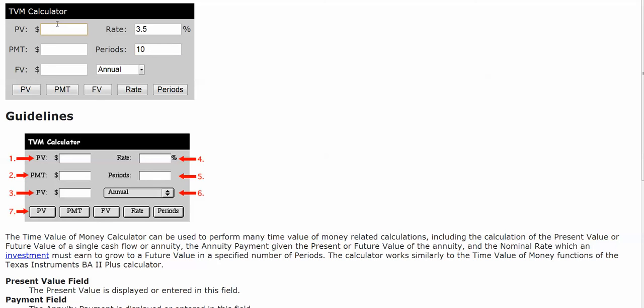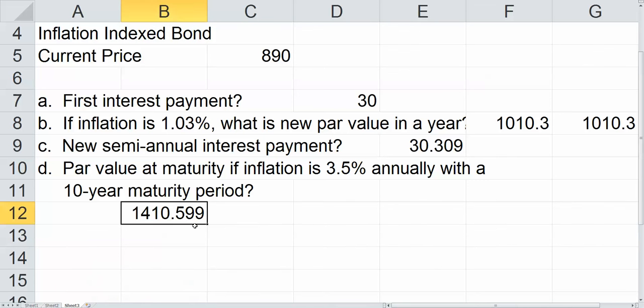My starting par value or present value is 1,000. There's no payment, and I want to solve for the future value. So I'm just going to compute future value, and it'll return a negative future value, but it should be the same answer of $1,410.60 that I calculated in Excel.